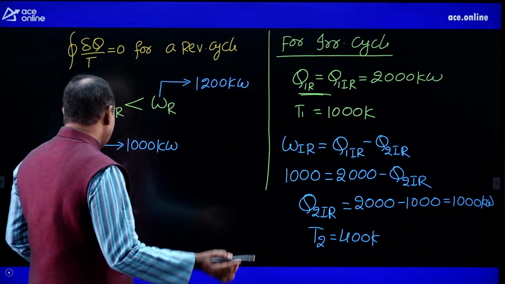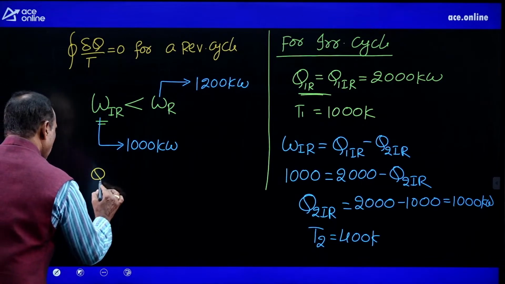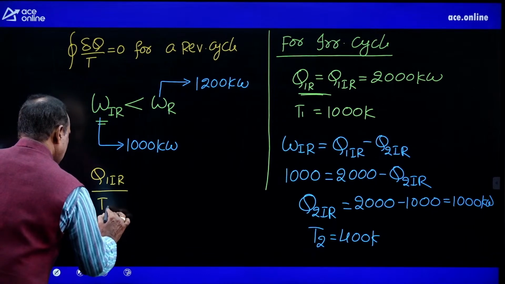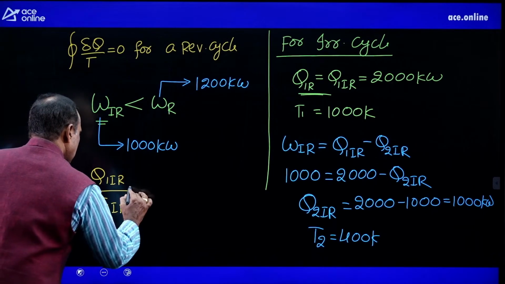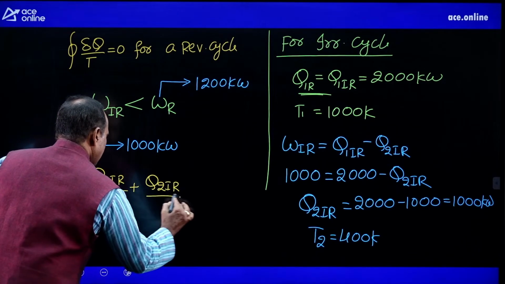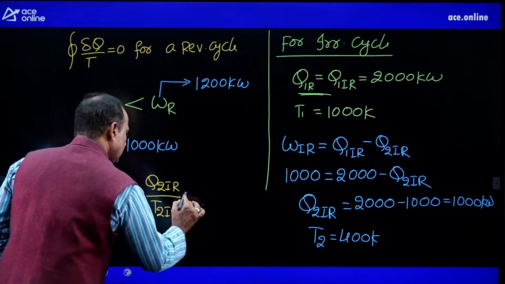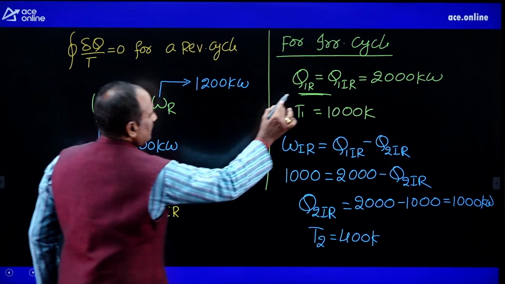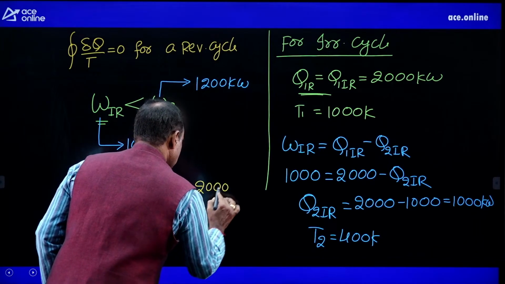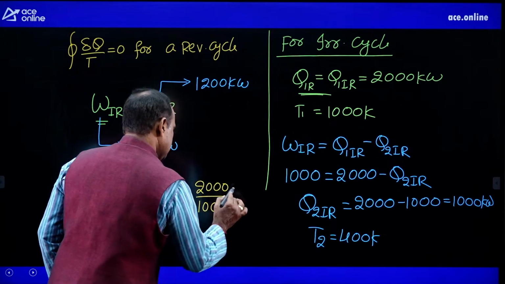Listen carefully. What is Q1 for the irreversible engine divided by T1 plus Q2 for the irreversible engine divided by T2? Q1 is 2000; let me write it clearly: 2000 divided by 1000.